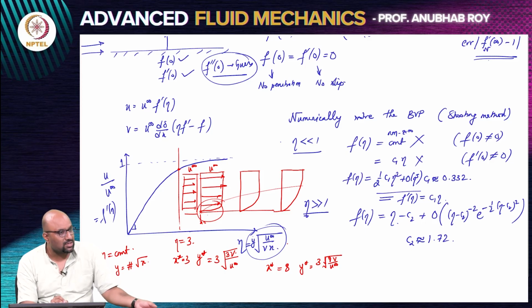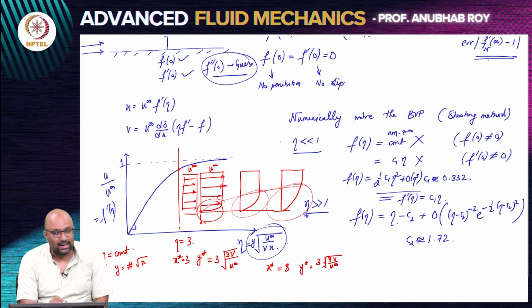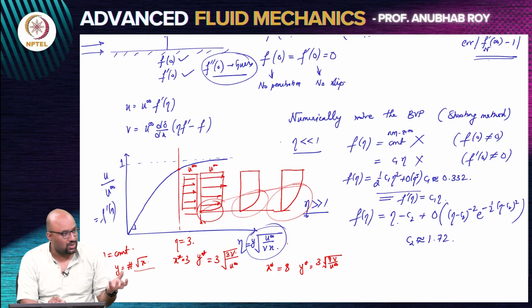But that information has not percolated all the way into the remaining part of the fluid. So gradually this gets percolated. So as it keeps moving, bigger and bigger chunks of the fluid are realizing that I am trying to move past a no-slip boundary. So in the unsteady flow, we had this diffusion of momentum which was propagating in the y direction, that was square root of nu t. Here also you have a propagation of momentum due to diffusion that is happening as square root of x.